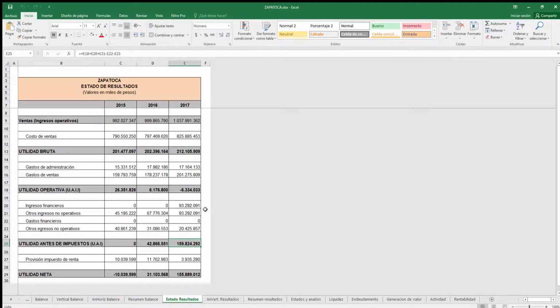This is because, as you can see in the analysis, the incomes of 2017 were more than the incomes of the previous years.